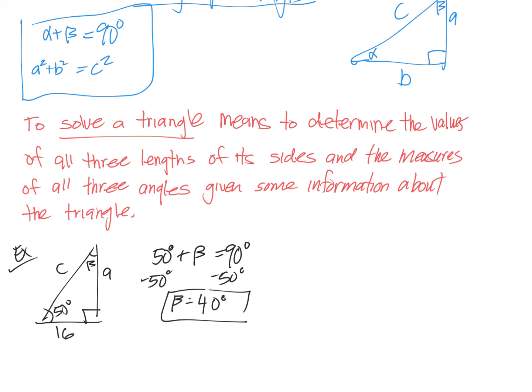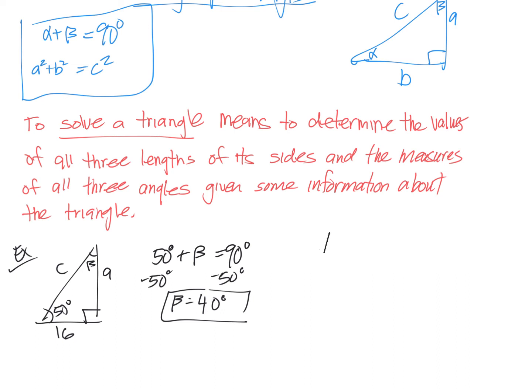We only have one side, and that is 16. So what do we do now? For our sides, if we just look at our angle from the bottom, 50 degrees, and we do know the adjacent side, so we can use our trig functions that relate to adjacent.